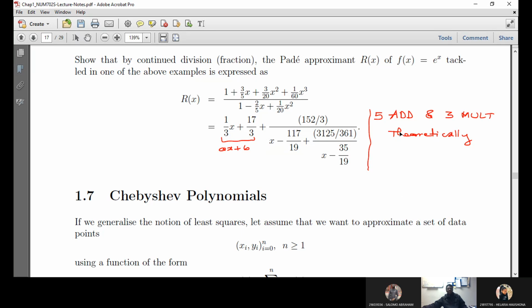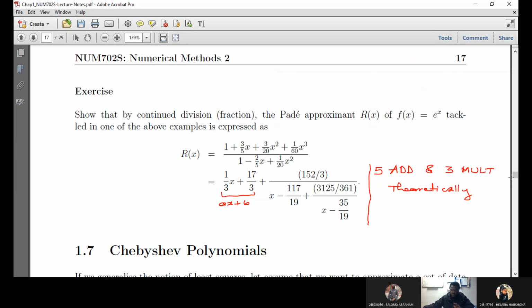So now you see the advantage of using a continuous fraction to simplify this expression. This is easy to evaluate using the computer compared to the previous expression. So that's the motivation. So you see that there's an economy of 6 multiplications.